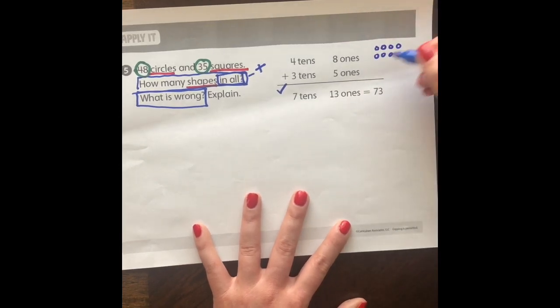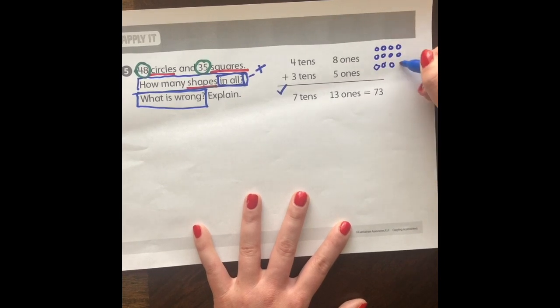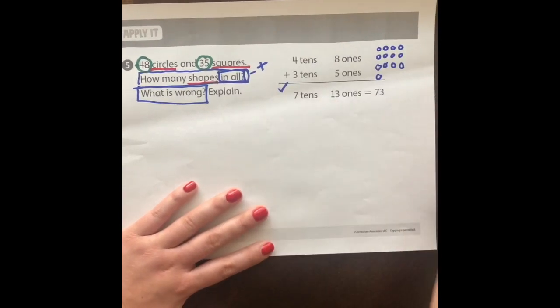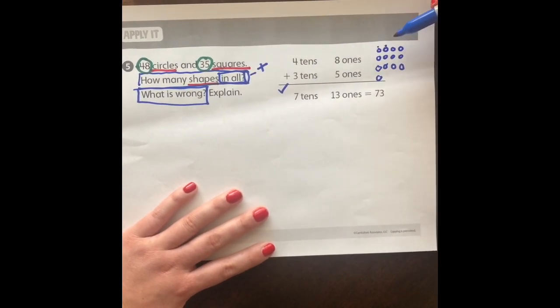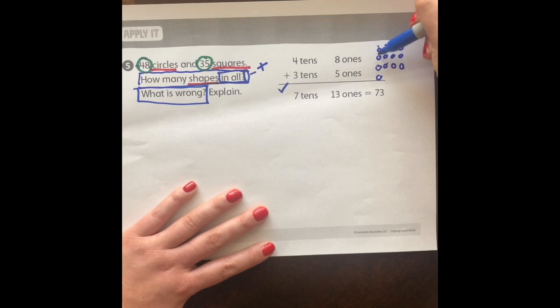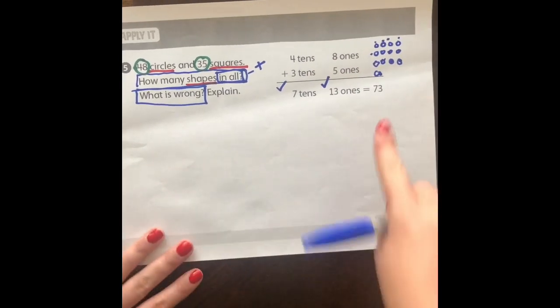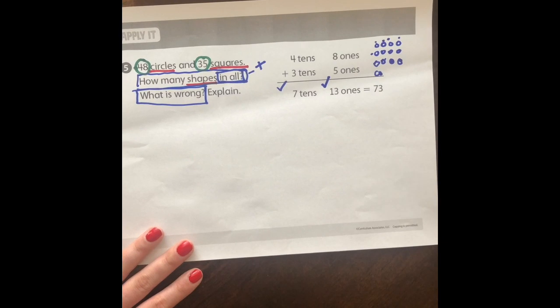Let's add 5 more. 1, 2, 3, 4, 5. Now let's add those all together and see if 13 is correct. 1, 2, 3, 4, 5, 6, 7, 8, 9, 10, 11, 12, 13. That's right too. So let's see why this is wrong.